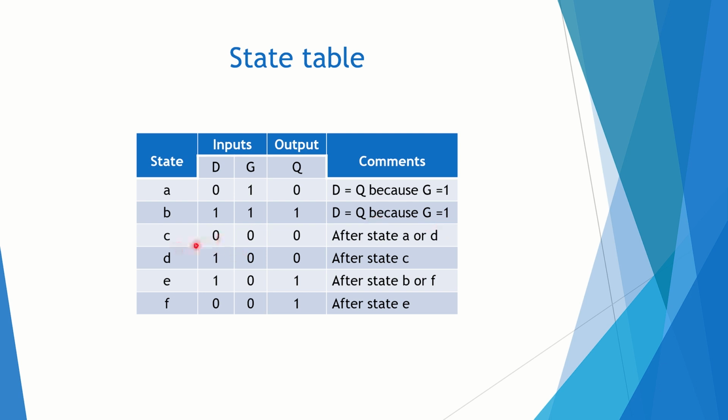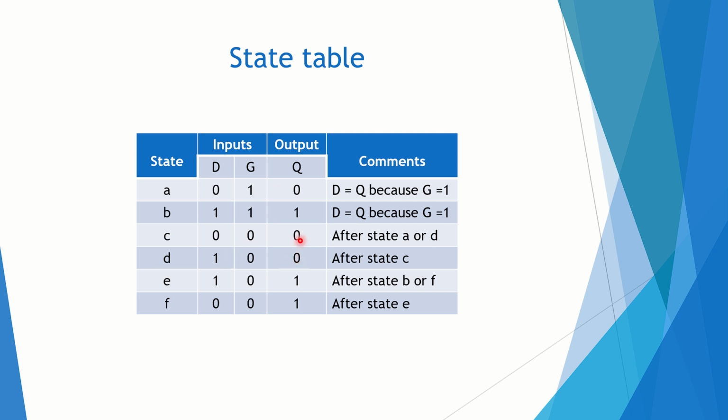And in the state C, when G is 0, whatever value is there in Q is maintained here. So this can be obtained after state A or D. That is when it is 0 1 it is 0, and 1 0 it is 0.